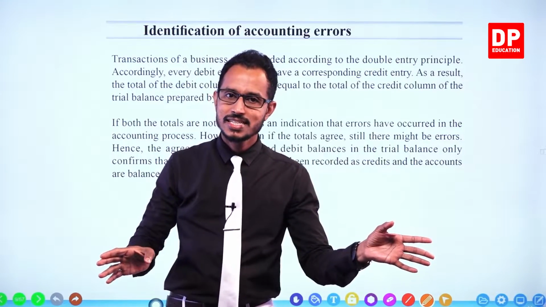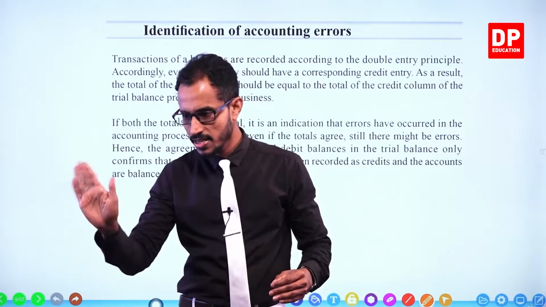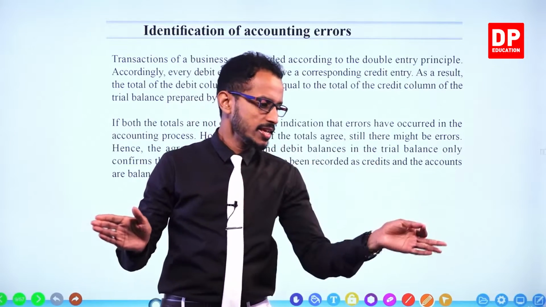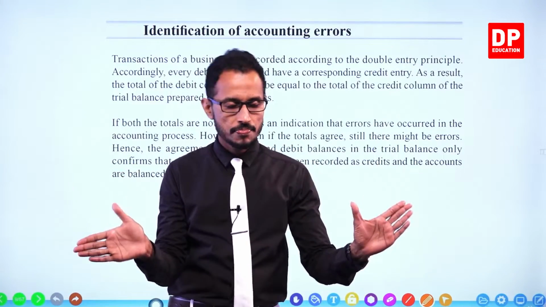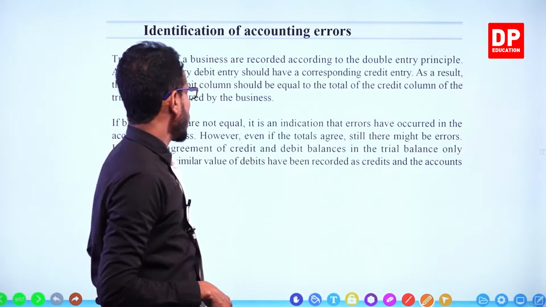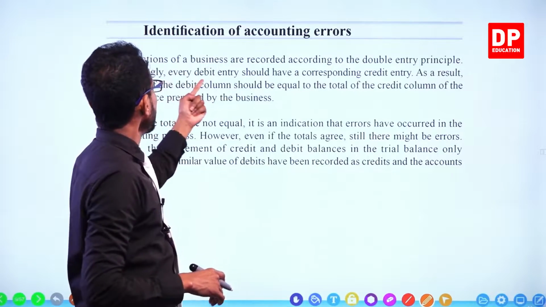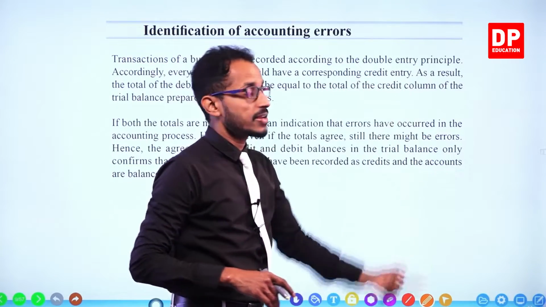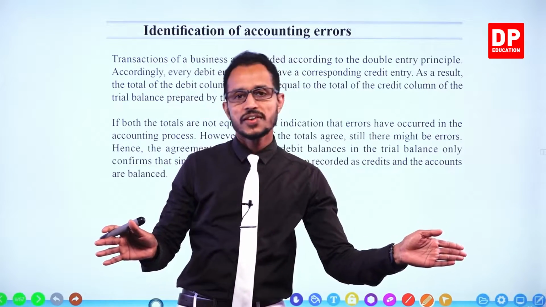According to the double entry system, there is a debit entry in one account and a credit entry in another account. Debit, credit, double entry. You remember. Accordingly, every debit entry should have a corresponding credit entry. Every amount which is debited should have an account which is credited.